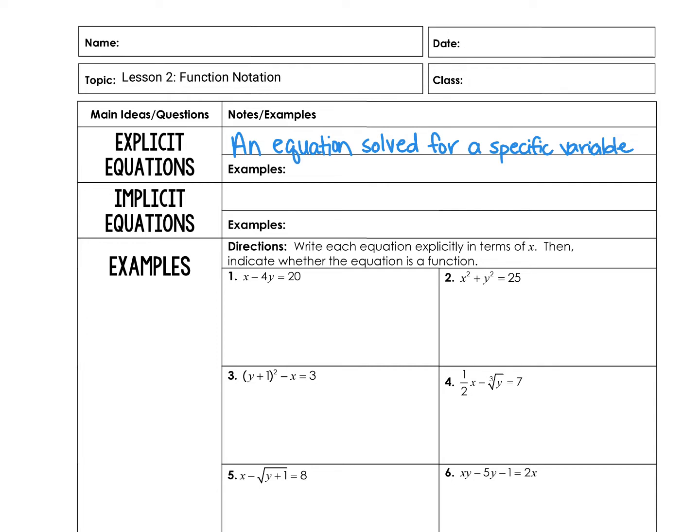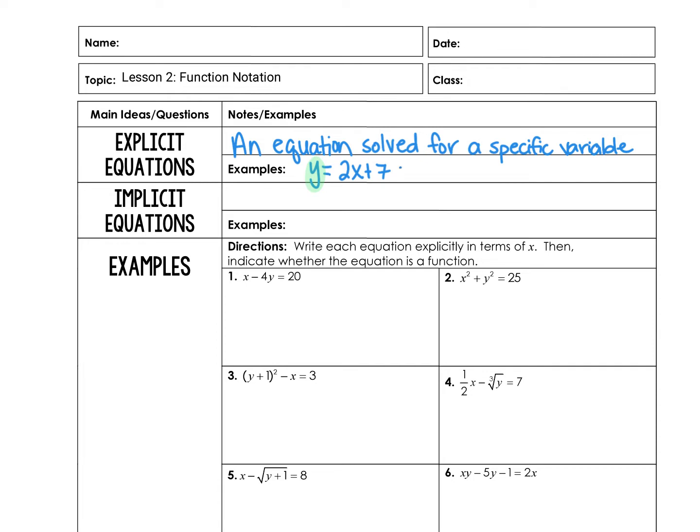So for example, we could have y equals 2x plus 7. It's an equation solved for a specific variable, or you could say like one of the variables is despejado.